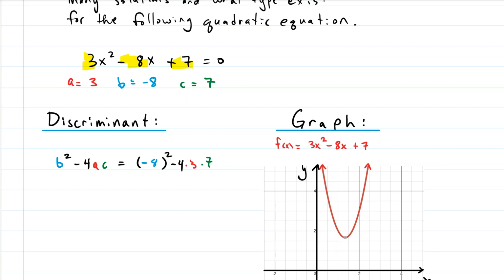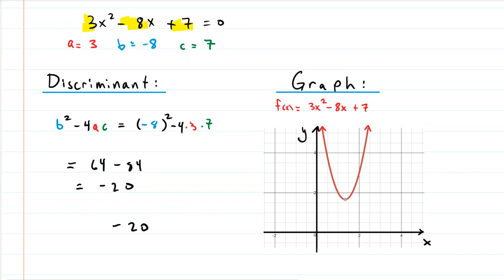Negative 8 squared gives us 64. And the negative 4 times 3 is 12, times 7 is negative 84. Now, 64 minus 84 gives us negative 20.